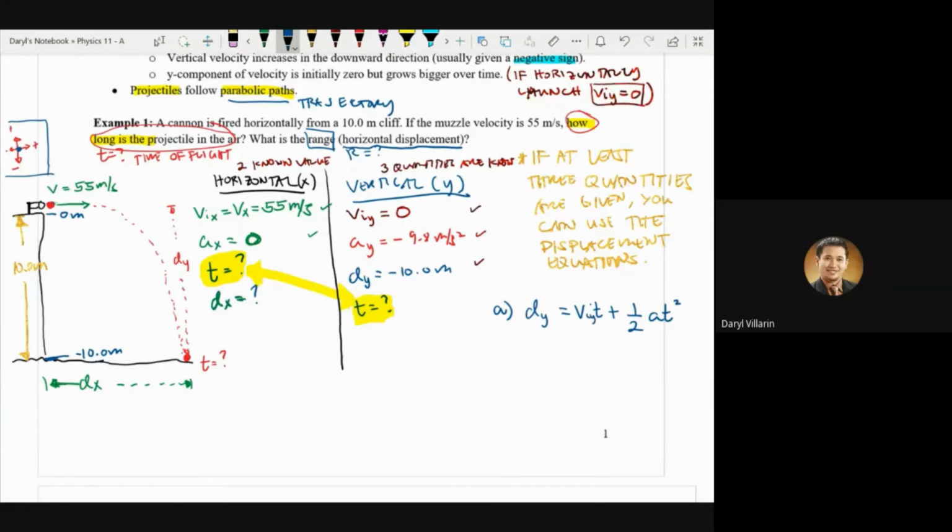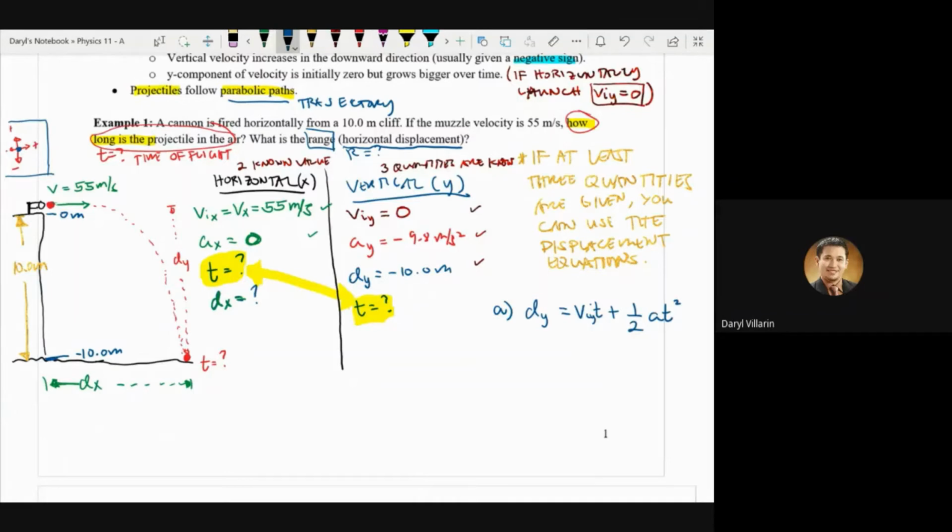So if you can see here, this is viy. The change that I made in this displacement equation is that I placed a subscript, because I'm not talking about just the displacement, but specifically the displacement along y.